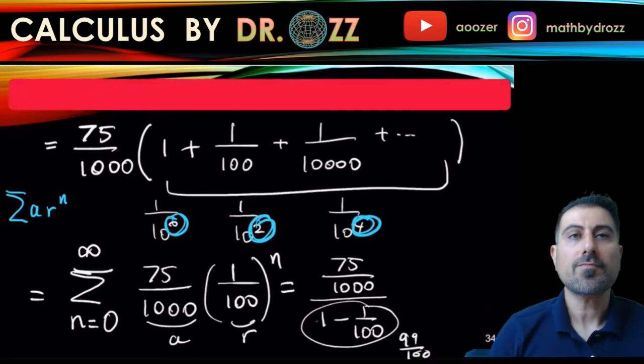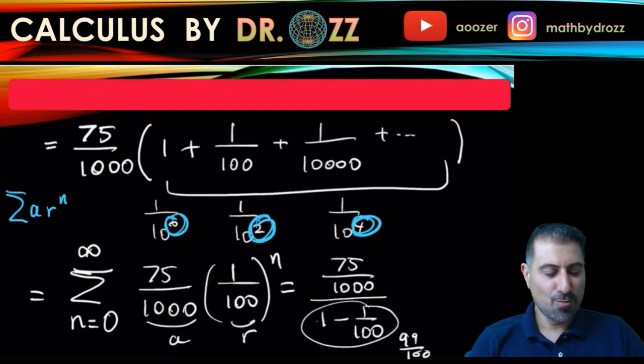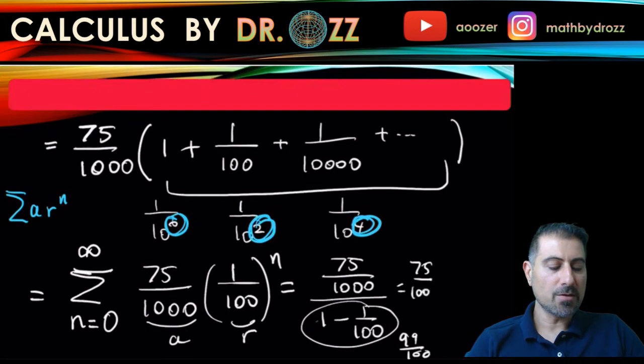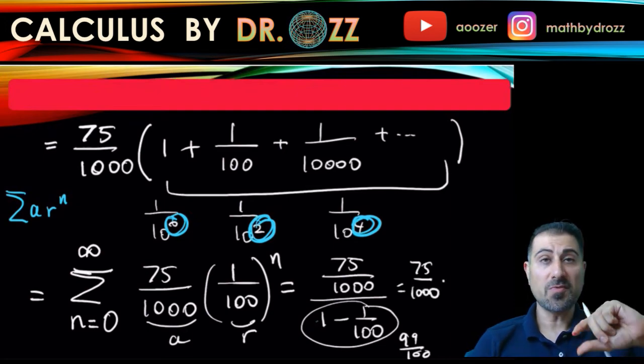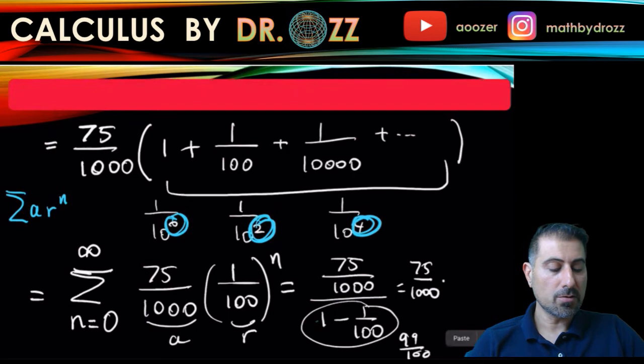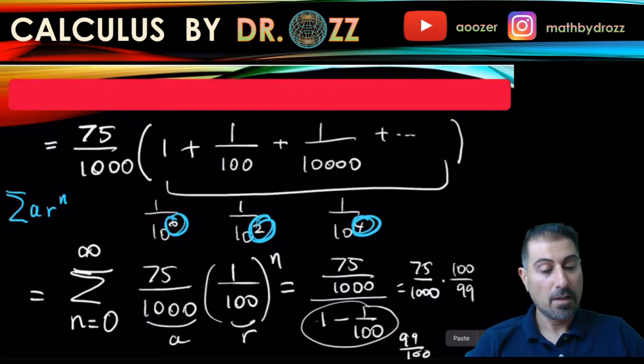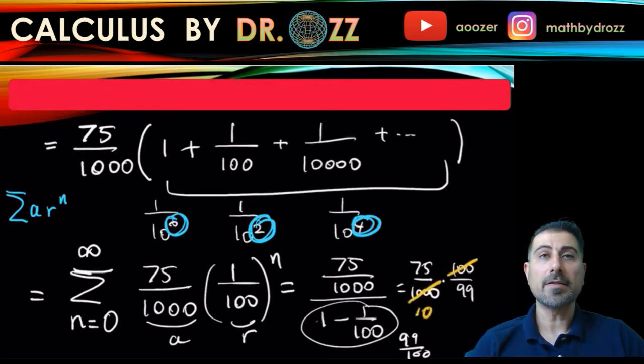Then the sum is going to be 75 over 1,000 times, we flip the bottom over, 100 over 99. Now this 100 cancels with the 1,000, and I have 10 in the bottom.